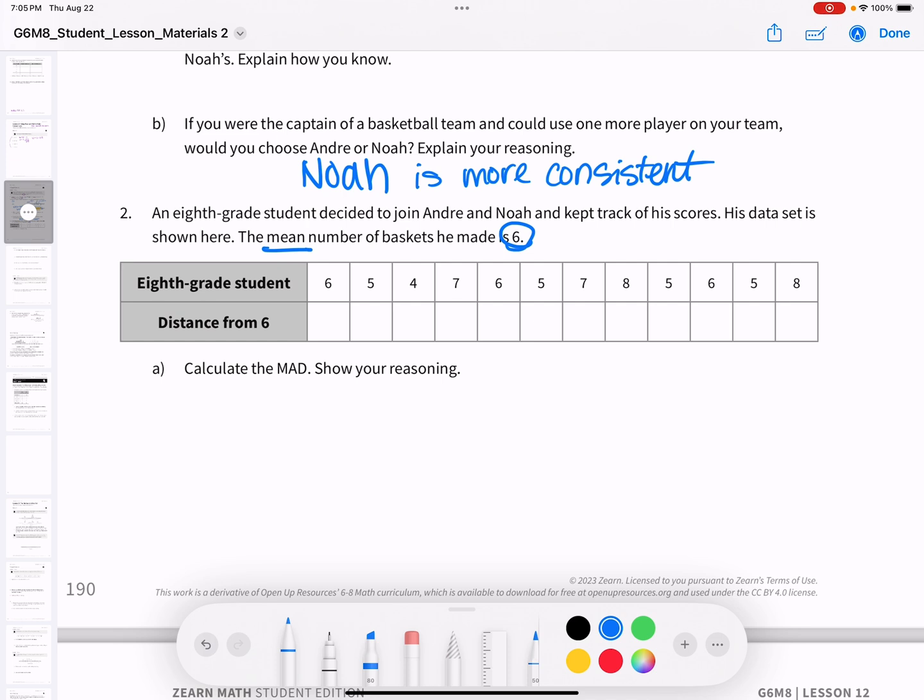All right, A says calculate the MAD. The way that we calculate the MAD is we decide how far away from the mean each data point is. Well, our mean is 6.